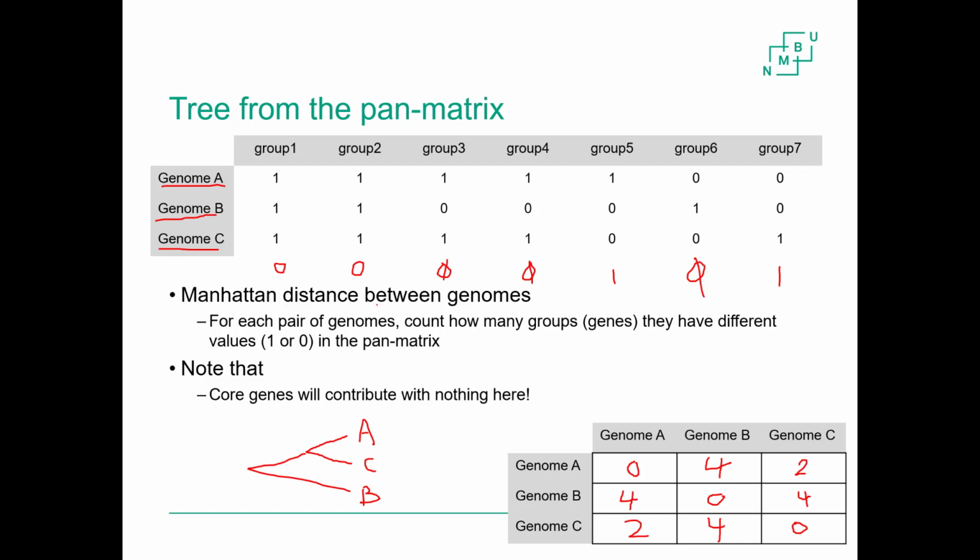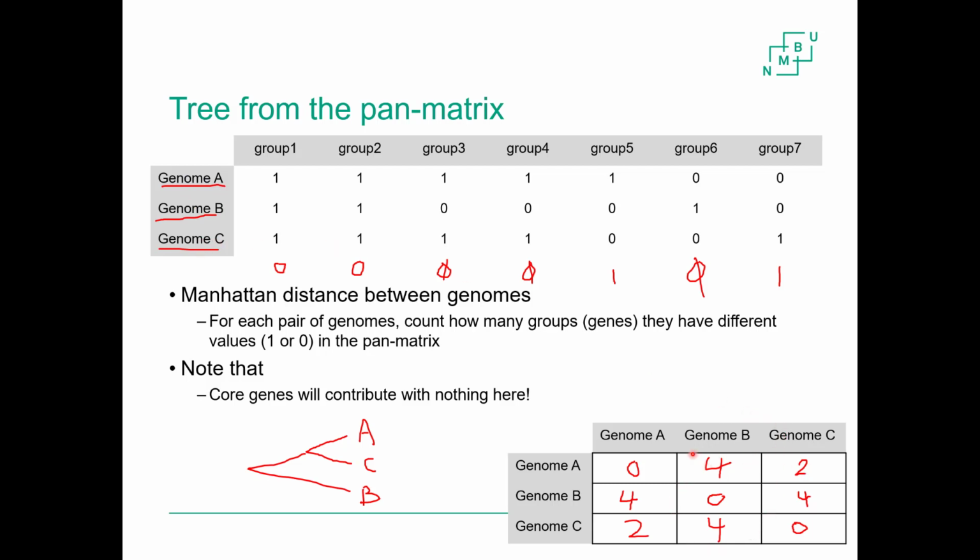So this is the comparison of the pan matrix. And notice what these numbers mean. They mean how many genes are different in presence-absence status between the genomes. So when we say the distance is 2, it means that there are 2 genes that one of the genomes has that the other doesn't have.